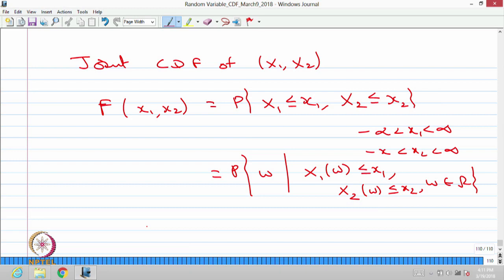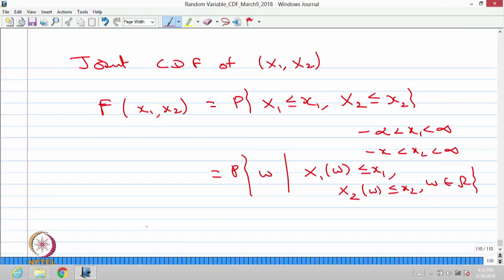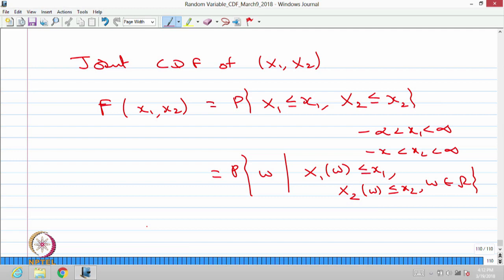That means we are collecting those possible outcomes satisfying the condition that under the operation X1 it gives a value less than or equal to x1, and under the operation X2 it gives a value less than or equal to small x2. Then finding the probability of these possible outcomes, that is going to be the CDF at the point x1 comma x2, where small x1 can lie between minus infinity to infinity, and small x2 also lies between minus infinity to plus infinity.